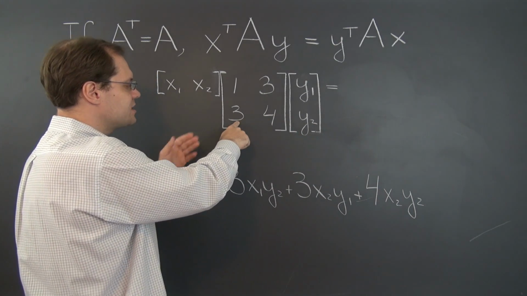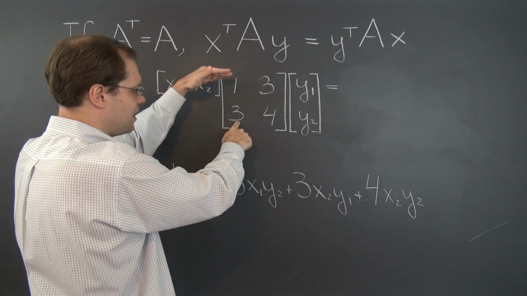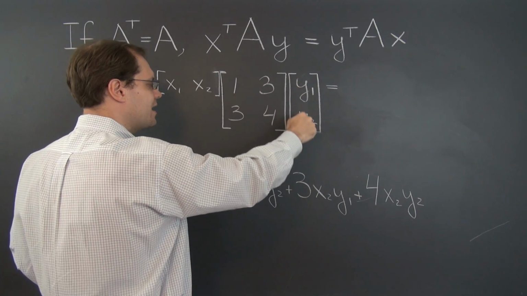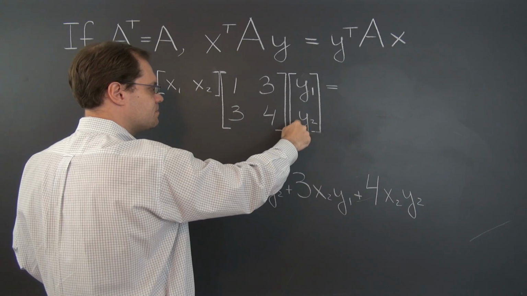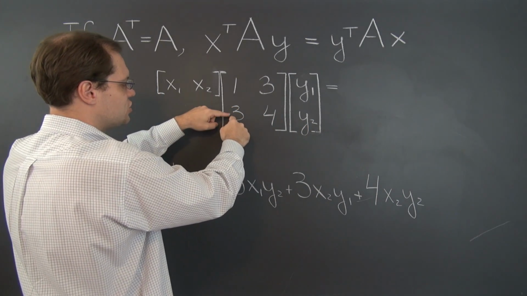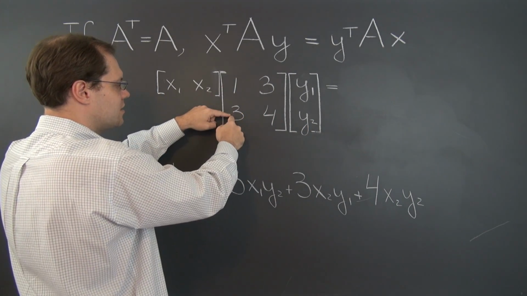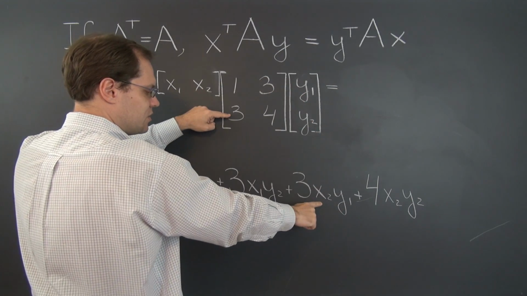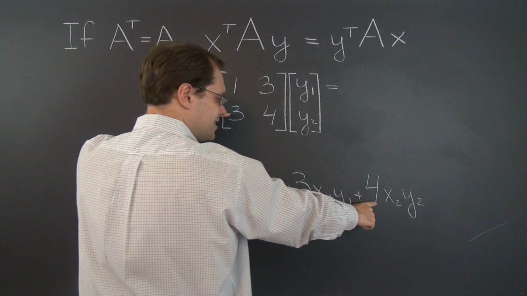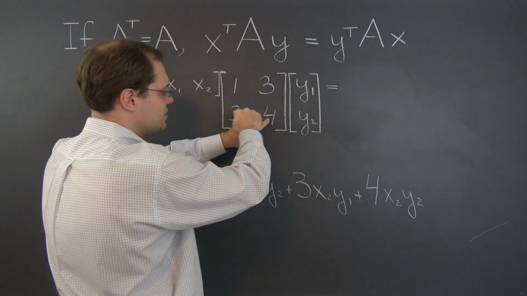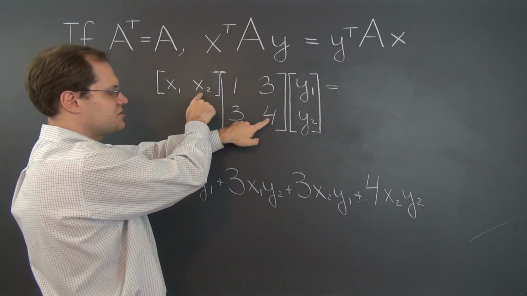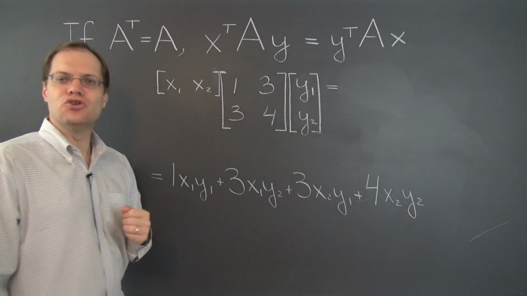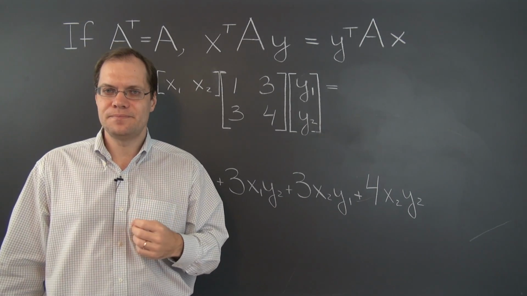It pulls out the entry from x that corresponds to its row, and the entry from y that corresponds to its column. So if you look at this 3, it's in row 2, column 1. So it will multiply x2, y1. So here it is. And let's say this 4, because it is in row 2 and column 2, will extract x2 and y2. So here's that term. And there are 2 more terms in that sum.